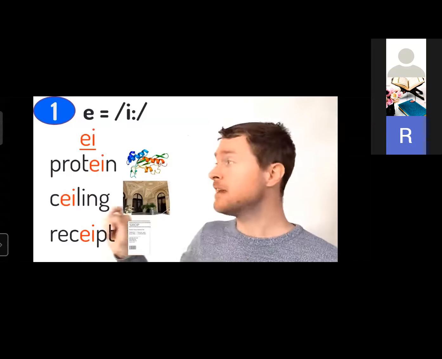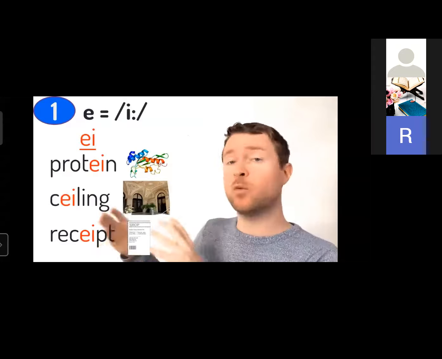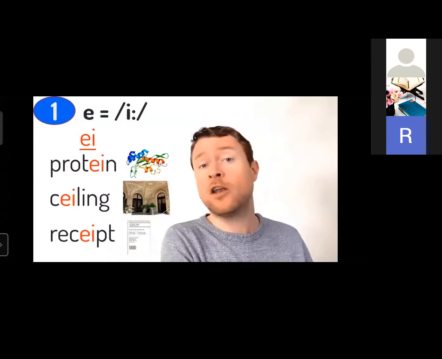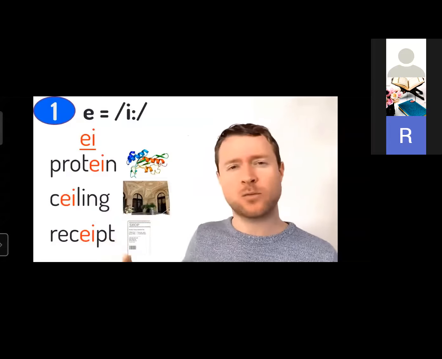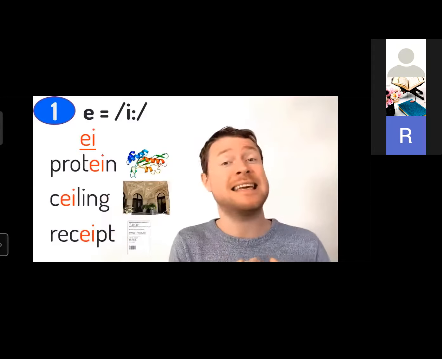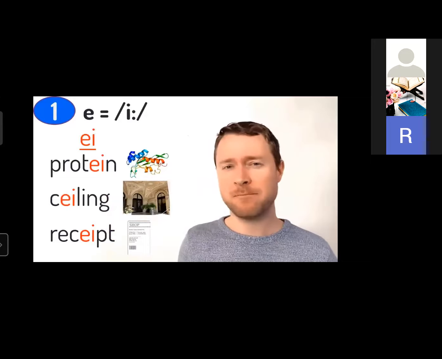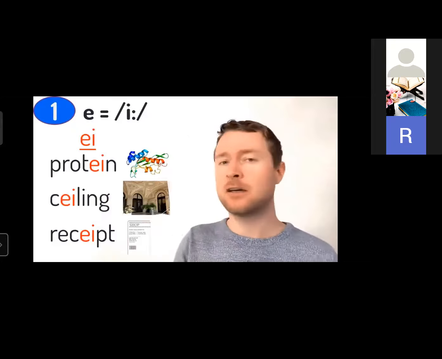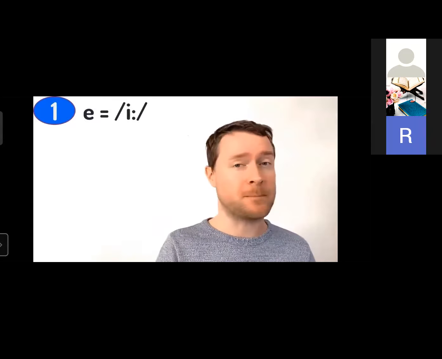The best way to learn this is to listen to each new word, okay? Ask a native speaker or look up an online dictionary for the sound of each word when you learn it. So you know, is this EI pronounced E or not? Okay? So, protein, ceiling, and receipt.